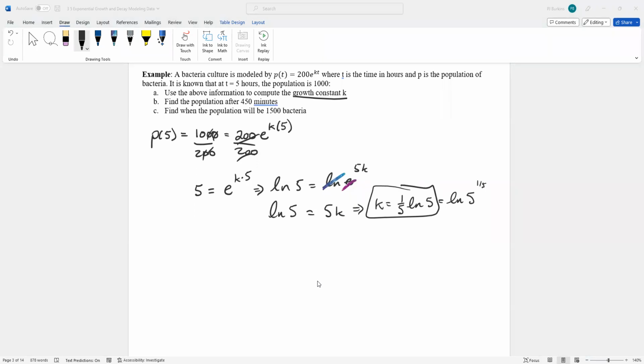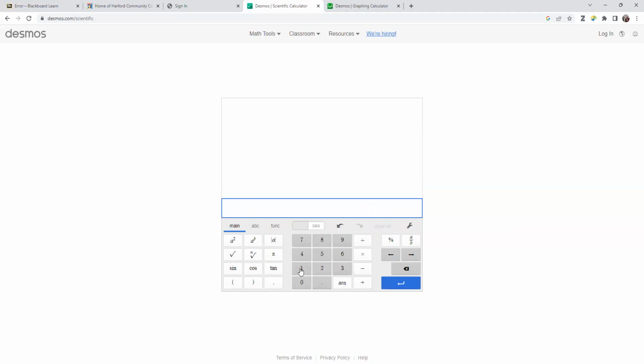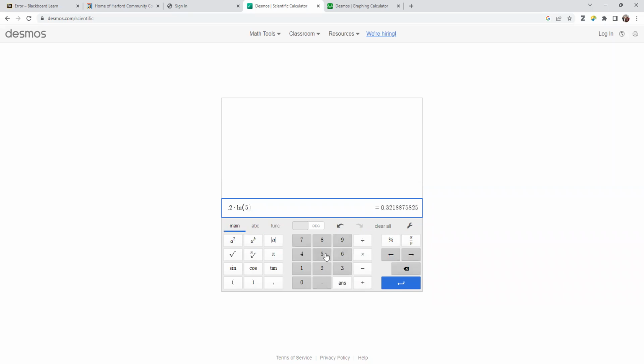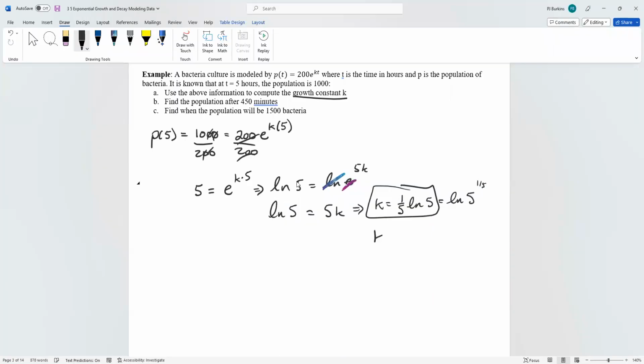So we need 1/5 or 0.2 times the natural log of 5. So 0.3219. Right, so we're going to say k equals 0.3219. So that was part A.